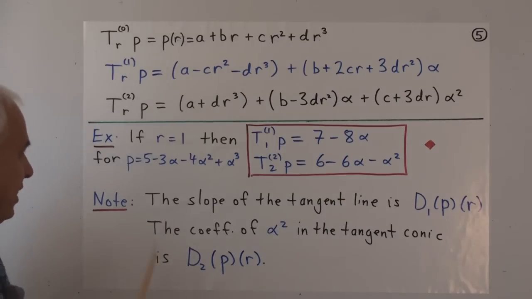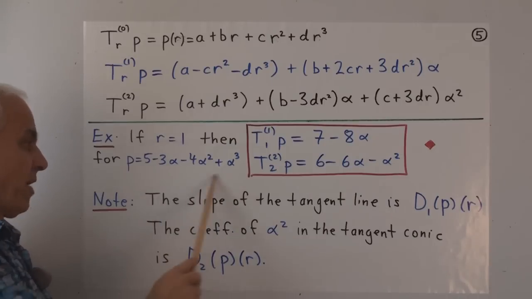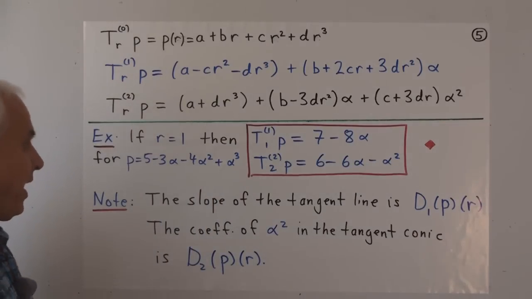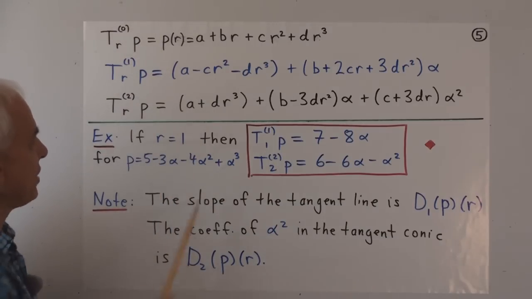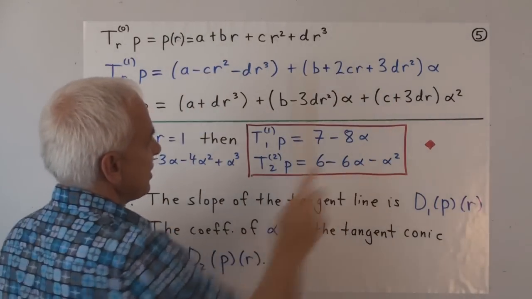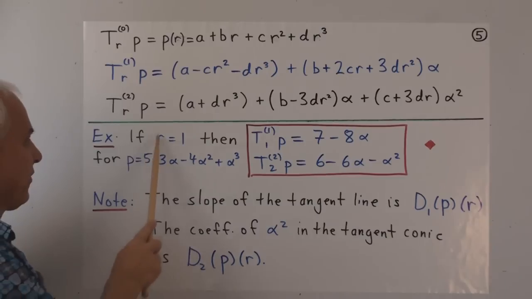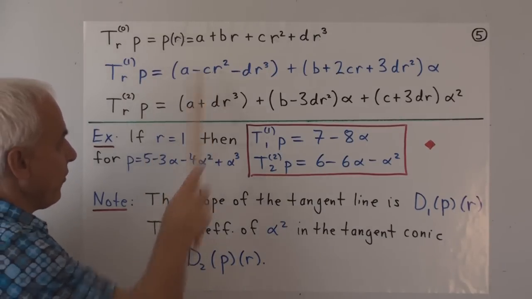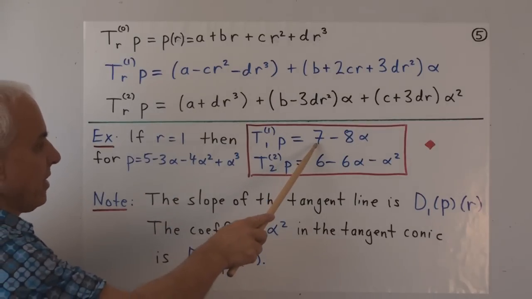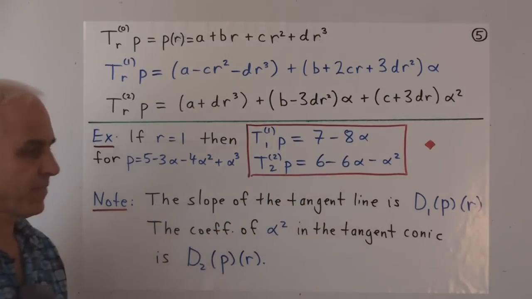So for example, if the polynomial happens to be the one that we drew a picture of earlier, and if we're looking at the point r equals 1, then if you take this expression here, substitute a equals 5, b equals minus 3, and so on, and then plug in r equals 1, you can check that you get 7 minus 8 alpha.